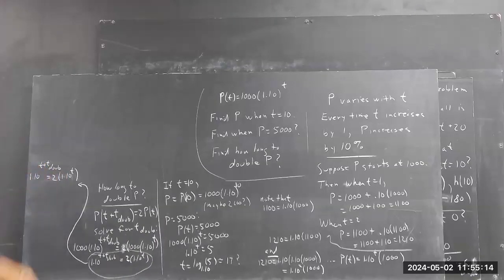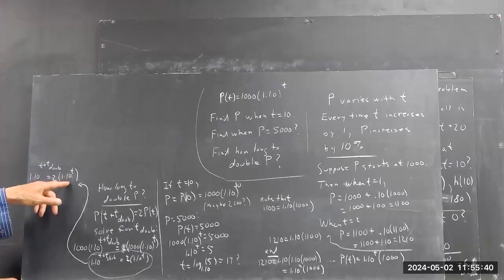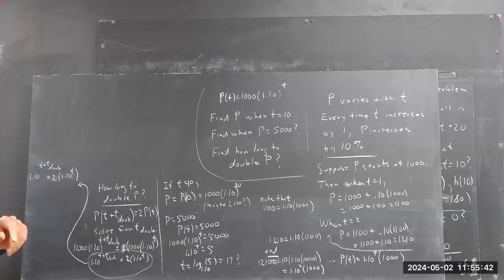But I'm going to solve it so that I can illustrate a little bit about rules and techniques, okay? There are 2 ways to solve this. One way would be to divide both sides by 1.10 to the T. That's probably not something obvious.